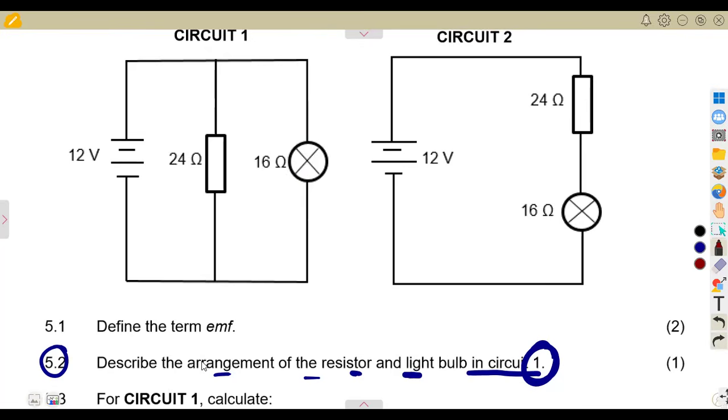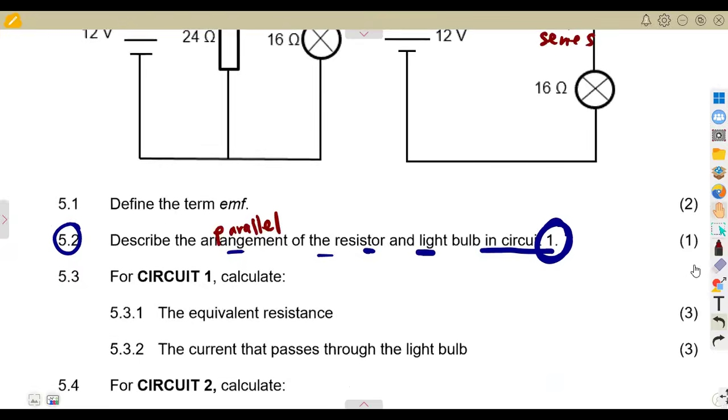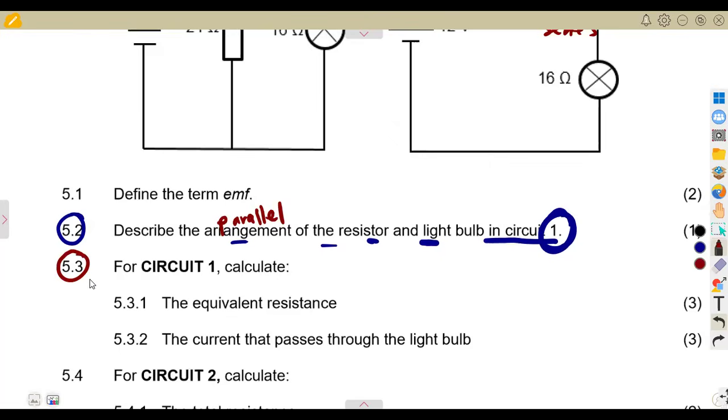They are asking you, how are the resistors connected? Are the resistors in parallel or in series? From circuit 1, these resistors are in parallel. On the second one they are in series. If they were to ask you about that, it would be series. But this one is parallel.